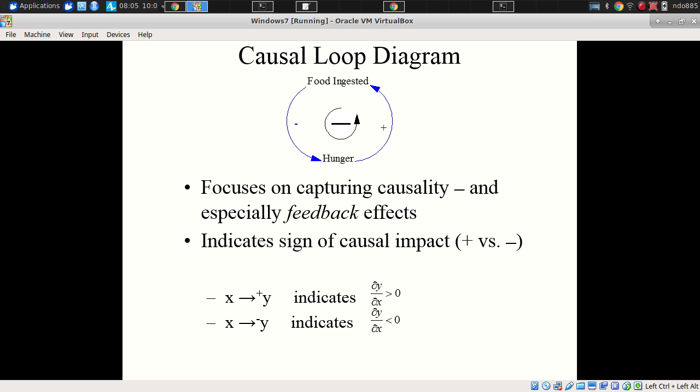And the primary tool for doing this is a causal loop diagram. Okay? Causal loop diagrams focus on capturing causality, particularly feedback effects, and they do so in a way that you can teach to people very quickly, including people from all different backgrounds. They have actually a very clear, rigorous mathematical basis in terms of partial derivatives that I won't go into.